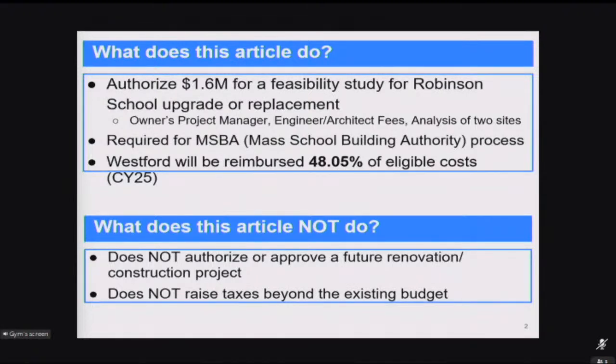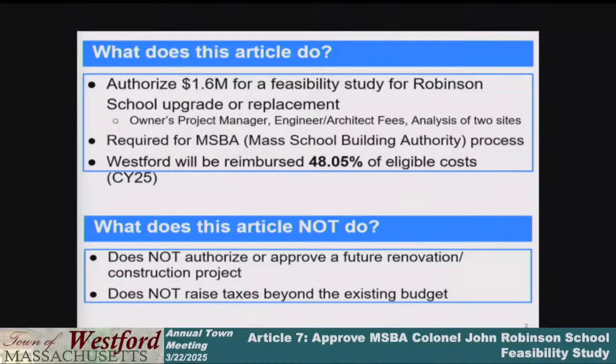This specific article is for a feasibility study for the Robinson School upgrade or replacement that will cover expert analysis, architectural planning, environmental studies, and detailed cost projections, as well as community outreach for all of the following steps. This is a required step as part of the Massachusetts School Building Authority, which is the grant program that helps with repairs and new school construction.